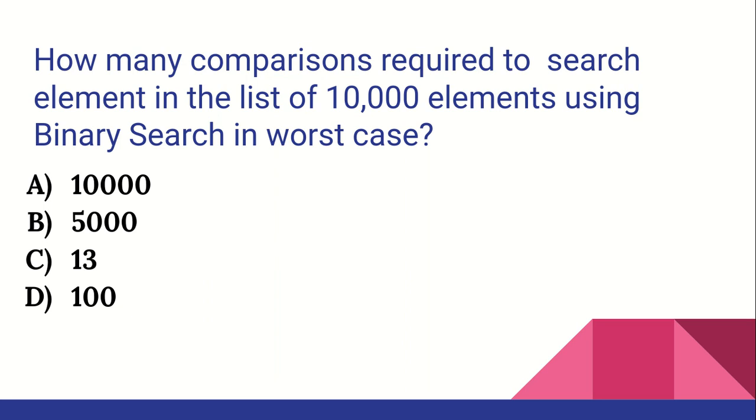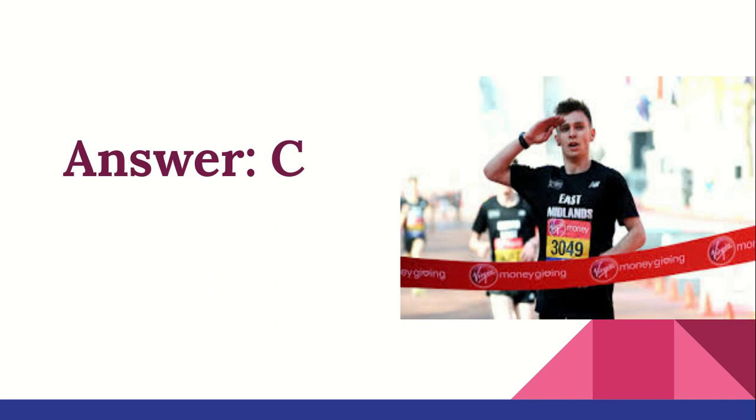So 10,000 comes in between these. So here the number of comparisons required is 13, because it gives you the logarithmic time complexity approximately. Again I say, it can have plus or minus 1 or 2, which is considerable, right? So here the answer is C.